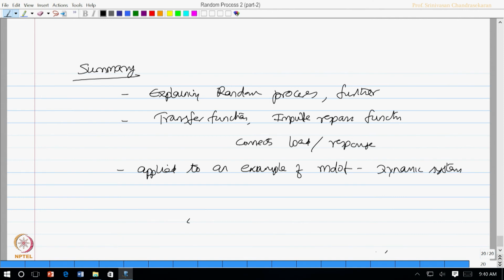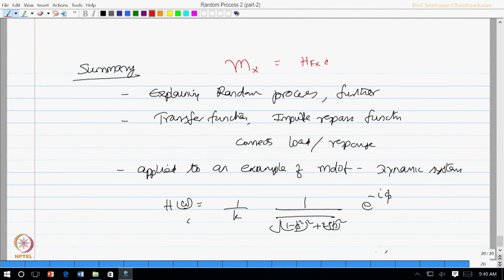Then we derived the transfer function as simply proportional to the dynamic amplification factor, and we said that the mean value of the response will be given by a simple relation which is expressed here.